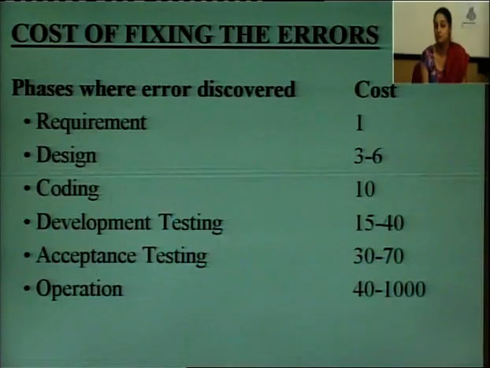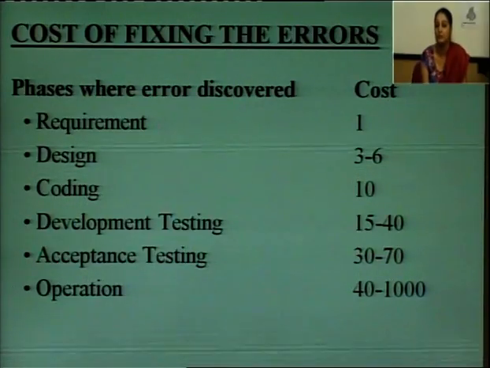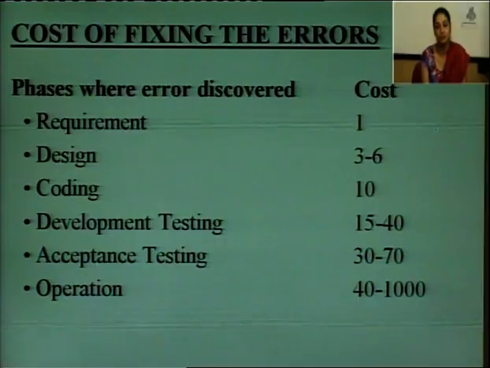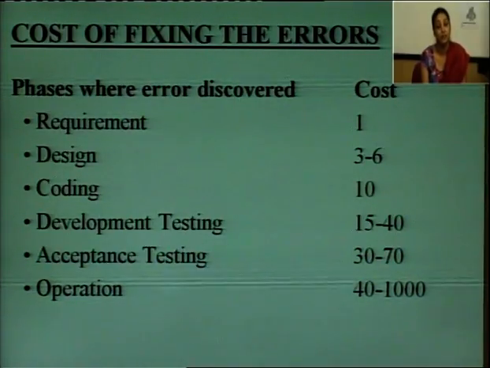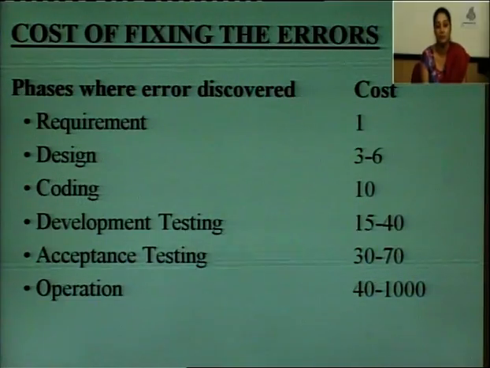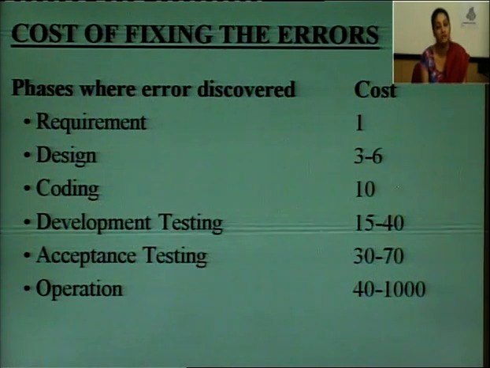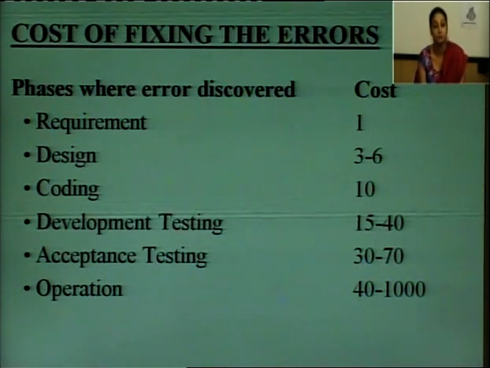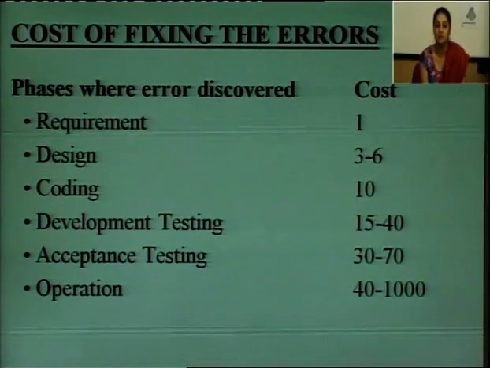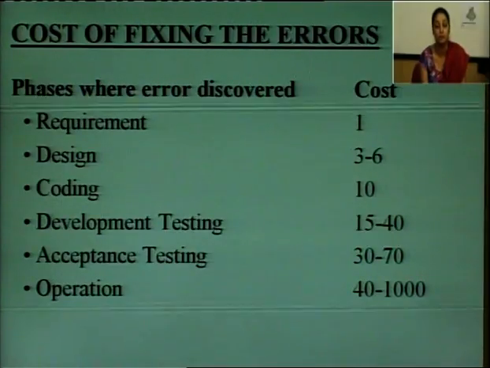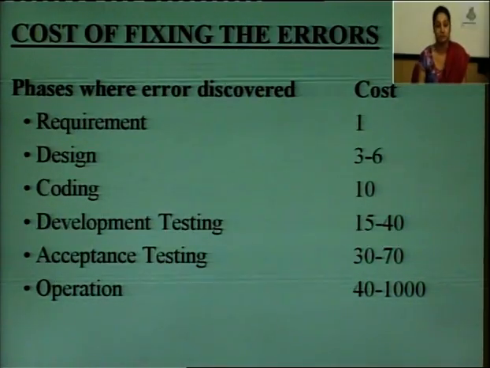At development testing, when a developer tests it, it goes to 15 to 40 times, and at user testing, at the user end, it goes to 30 to 70 times. But if the error occurs at operation time, it goes to 42,000 times the earlier cost. So it is necessary to fix the error at the first stage of the system, so that it doesn't cost us more.